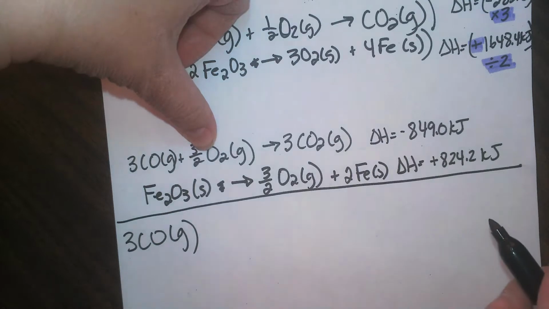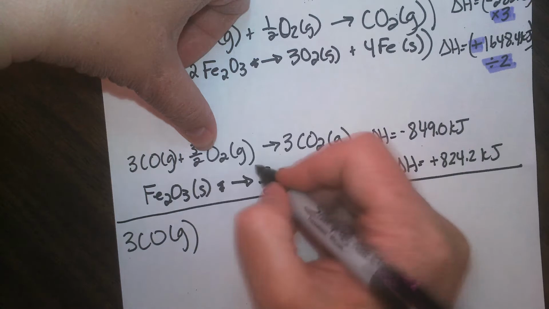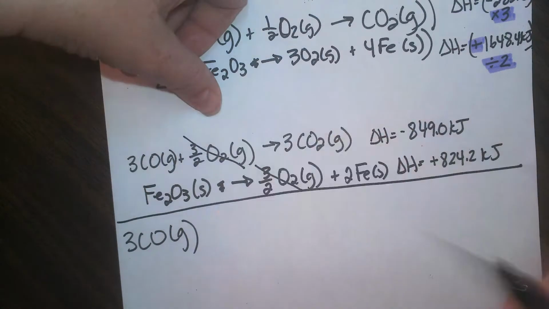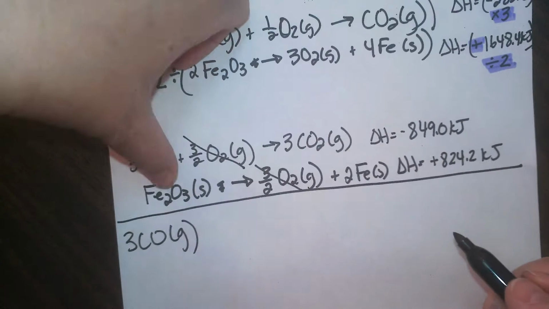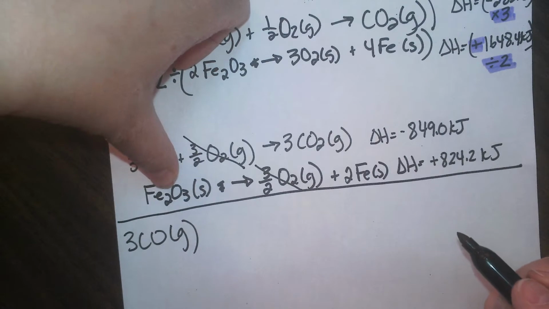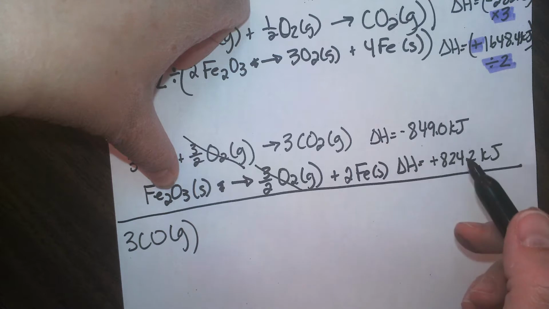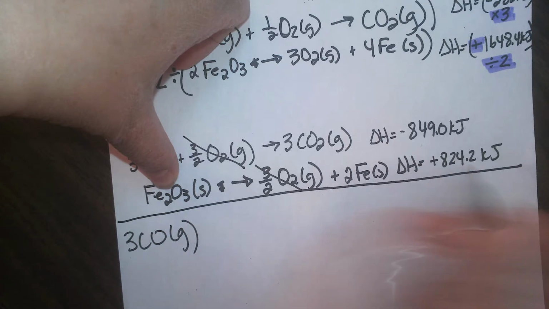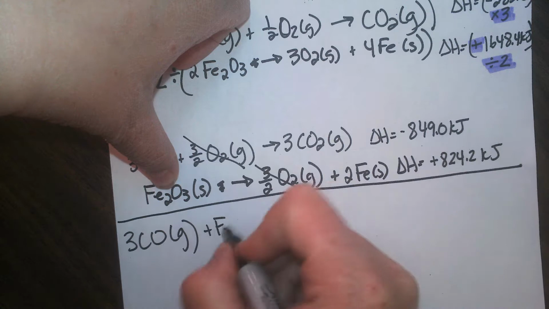How many? 3 halves, so I can actually cross off this whole entire piece. I have 1 Fe2O3 on the reactant side. Do I have any on the product side? No, so I'm going to keep that.